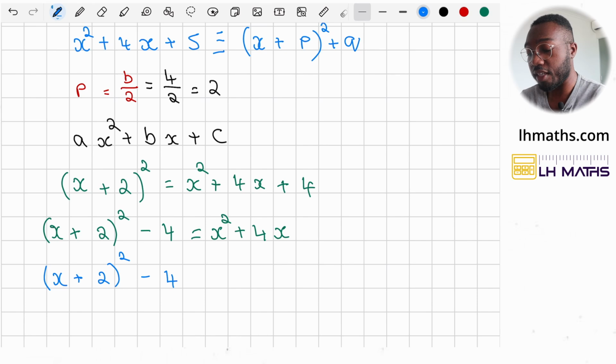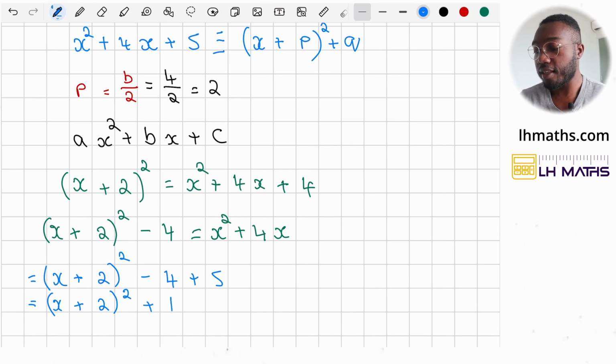We now need to include that 5. And then if you simplify that down, you'd have x plus 2 squared, minus 4 plus 5 is just a positive 1. Hence we've written x squared plus 4x plus 5 in the form x plus p all squared plus q, where p is 2 and q is positive 1.